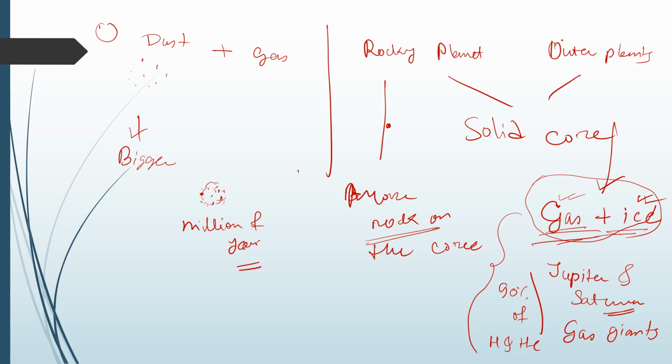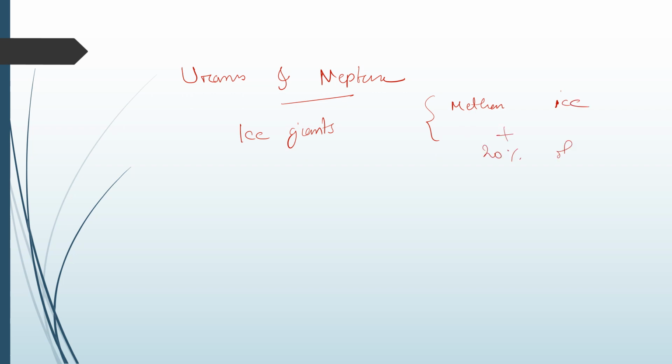But among the outer planets, Uranus and Neptune are ice giants. Ice giants contain methane, ice, and 20% hydrogen and helium.